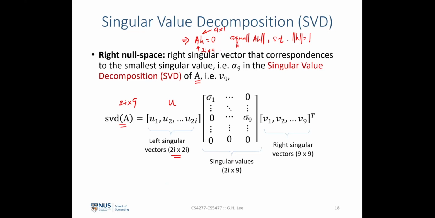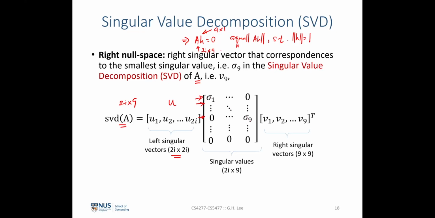And the singular values matrix, which is of size 2i by 9, since A here is a non-square matrix in general, where the diagonal of the first 9 rows are non-zero entries, which correspond to sigma 1 to sigma 9.